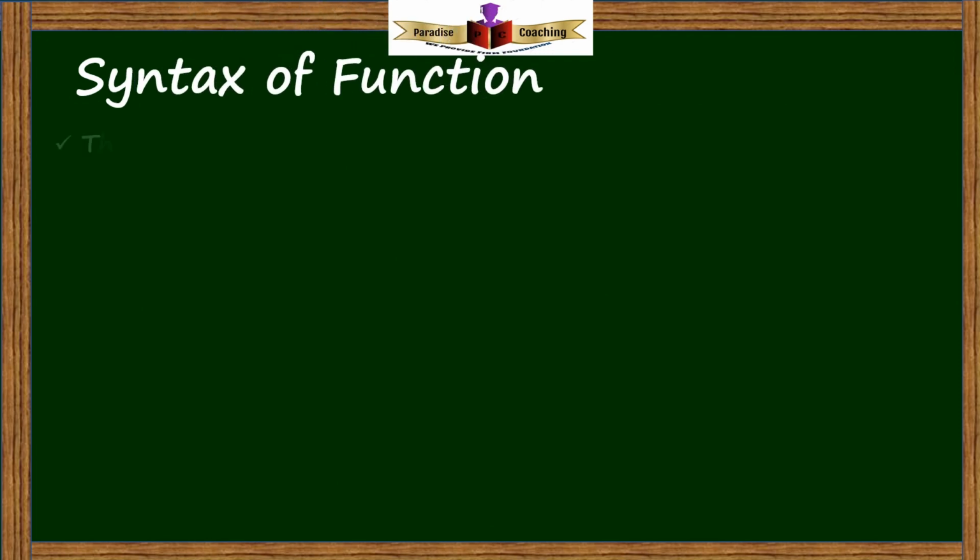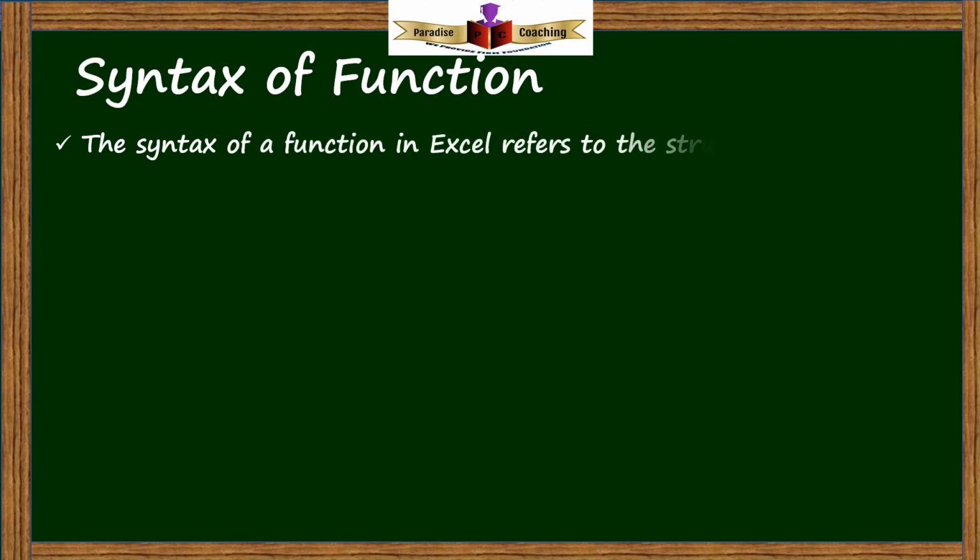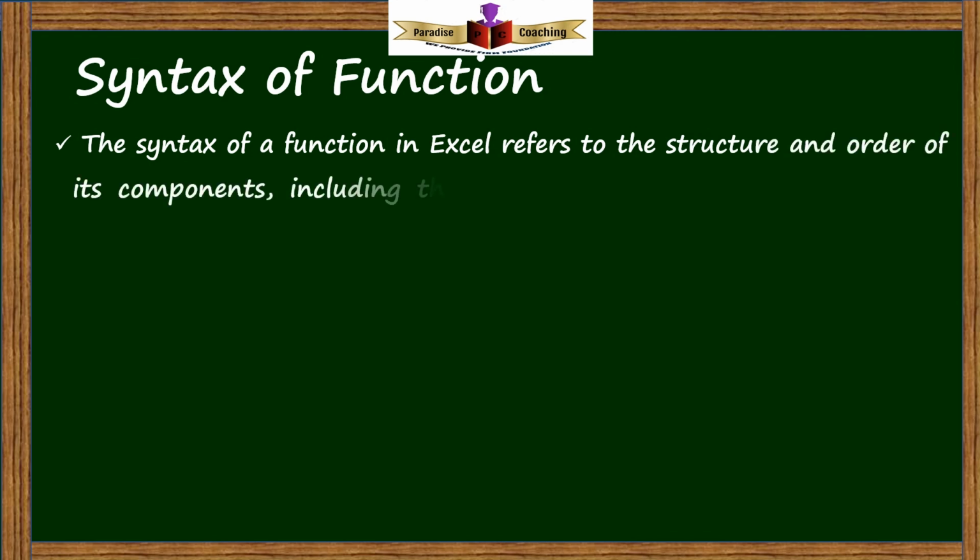Syntax of a function. The syntax of a function in Excel refers to the structure and order of its components, including the function name, arguments, and any optional parameters. Syntax: equals, function name, argument 1, argument 2.